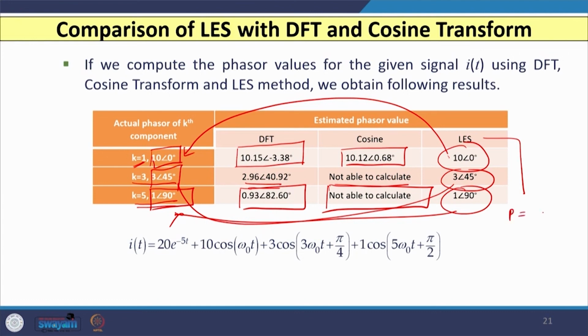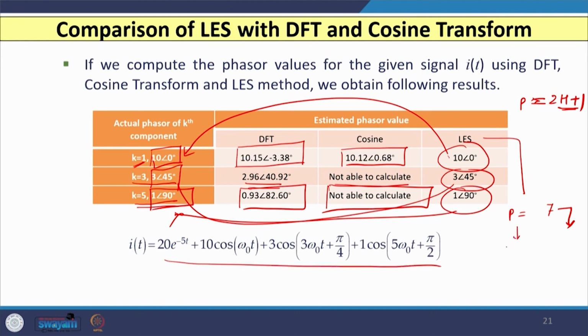Initially we considered p equal to 7. So, the number of unknowns is the same as 2h plus 1. Whatever samples you acquire, that is 7, and the number of unknowns is also 7, and then we saw that we do not get the required accuracy, meaning the phasor values we obtain are not close to the actual values.